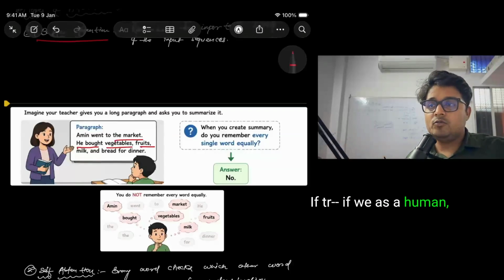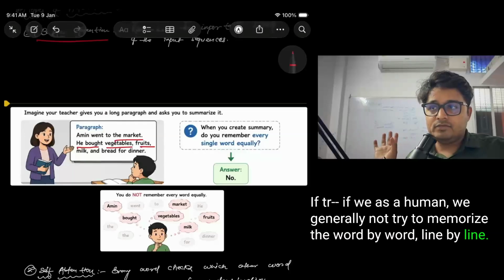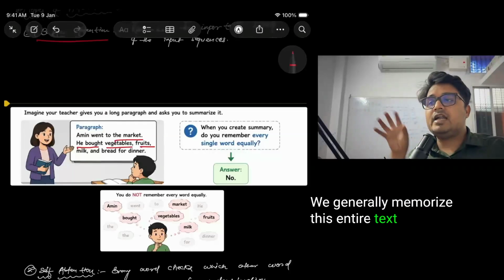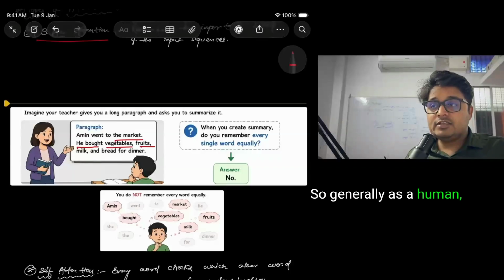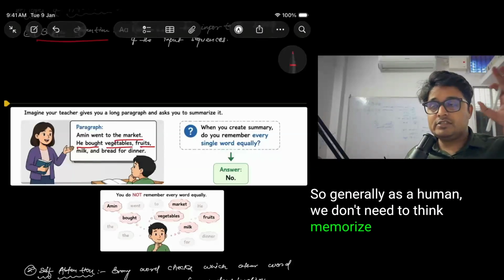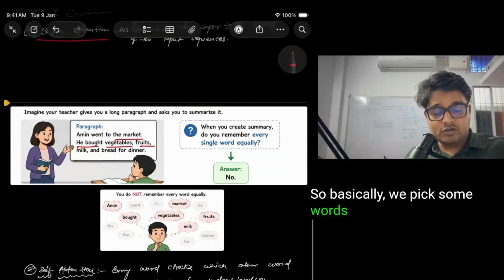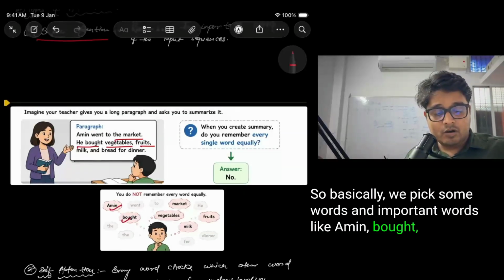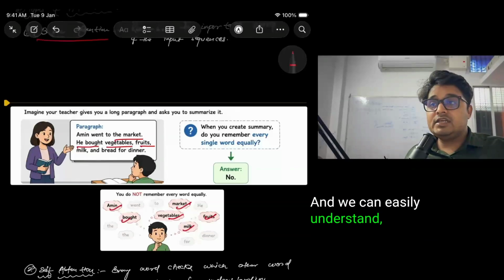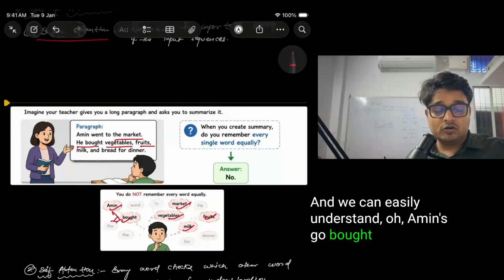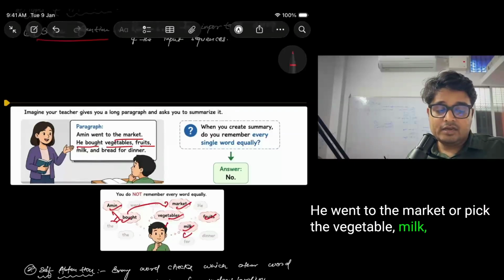If we as humans read this, we generally do not try to memorize word by word, line by line. We generally memorize this entire text by picking some important words. So as a human, we don't need to memorize all the words in order. We pick some important words like Amin, bought, market, vegetable, fruits, and milk, and we can easily understand: Amin went to the market and bought vegetable, milk, and fruits.